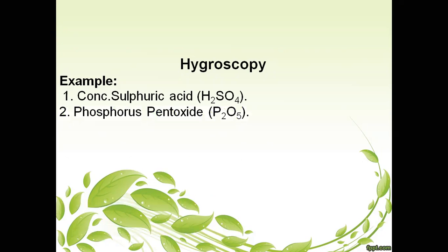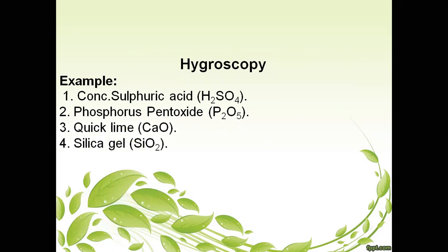The next ones are phosphorus pentoxide, P2O5, quicklime, CaO, and silica gel, SiO2. These are examples of hygroscopy because when put at room temperature or normal atmosphere, they absorb moisture but don't change their physical state. So these are hygroscopic substances.